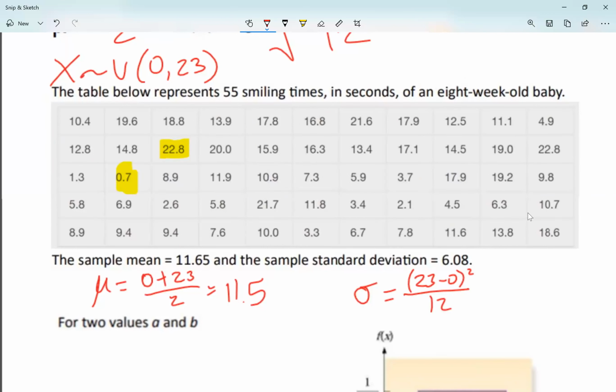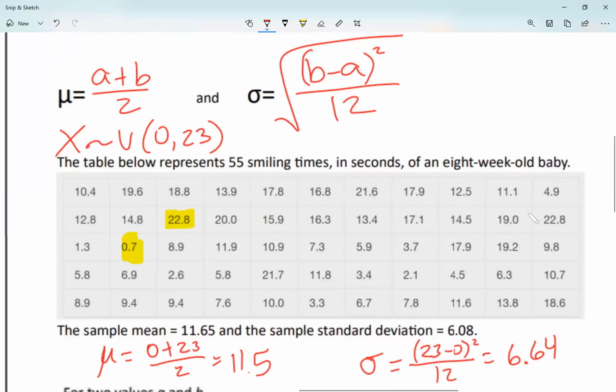I take the square root of that, and it gives me 6.639528. Okay, so let me round it to 2 decimal places. So I'm going to call this 6.64. That's it. So it's a little bit easier. Our theoretical mean and standard deviation for a uniform distribution, make sure you use those formulas.